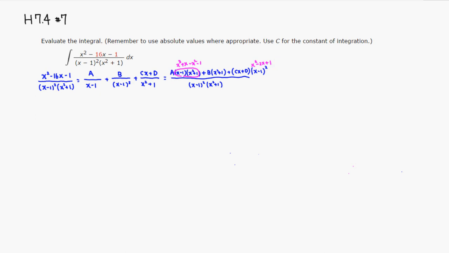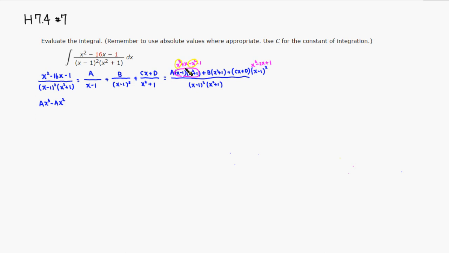I'm going to multiply all out. So you have a times x cubed, and I'm going to write minus ax squared. So I took care of a times this guy and a times negative x squared.